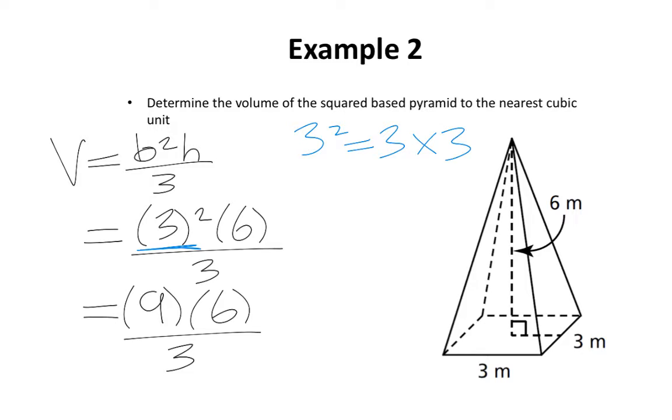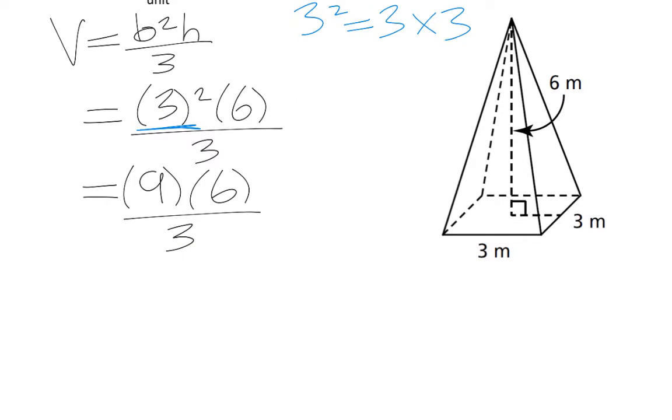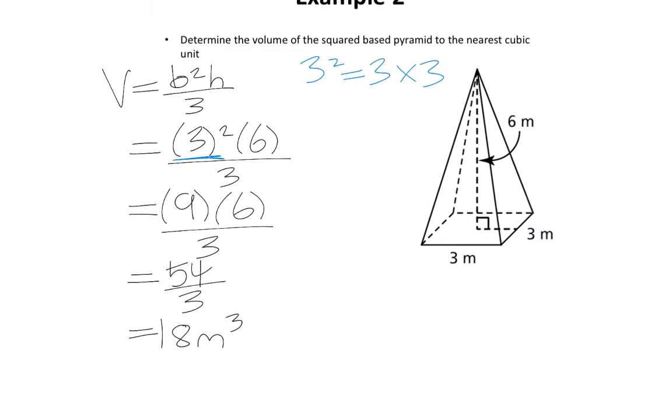What we're going to do next is multiply 9 by 6, which is 54, and then it's going to be divided by 3. So 54 divided by 3 is 18, and the units here are meters, and since it's volume, it will be meters cubed. Therefore, the volume of the square-based pyramid is 18 meters cubed.